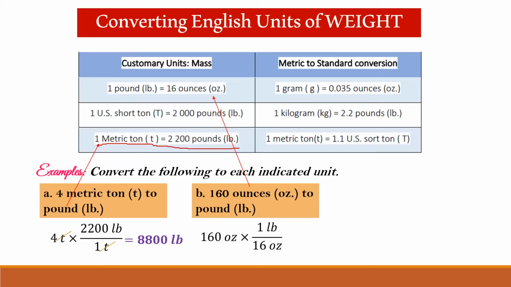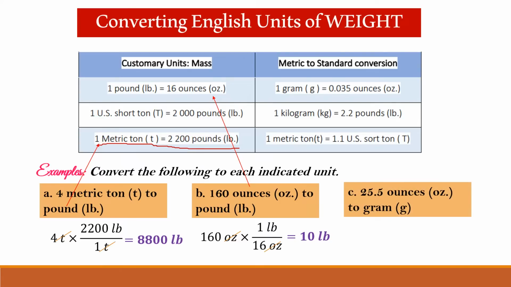So 160 ounce times 1 over 16, that is equivalent to 16 ounces. And we can cancel ounce to ounce, and then we multiply. So 160 times 1 divided by 16, the result is 10 pounds.